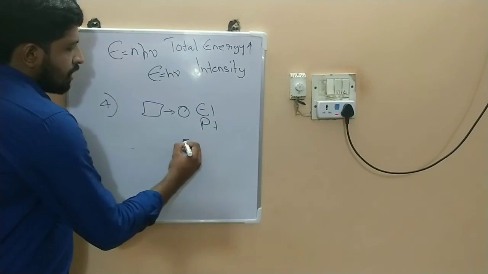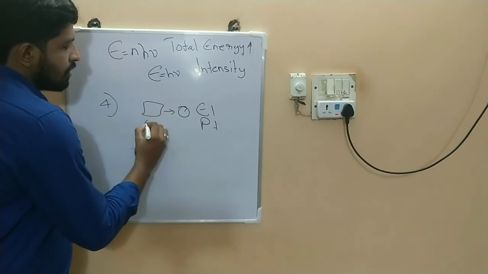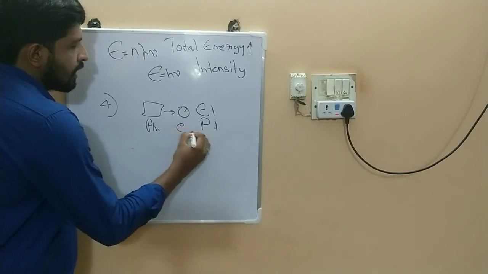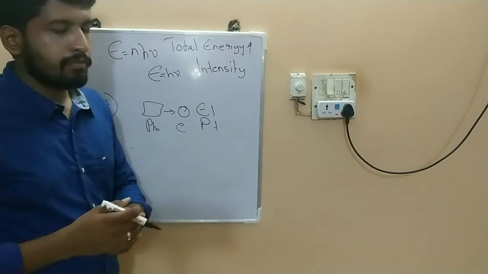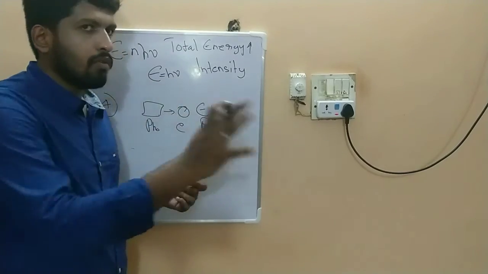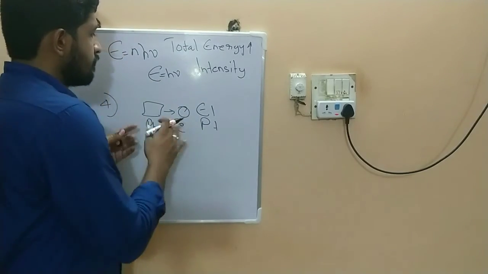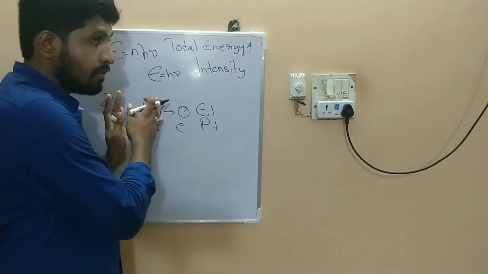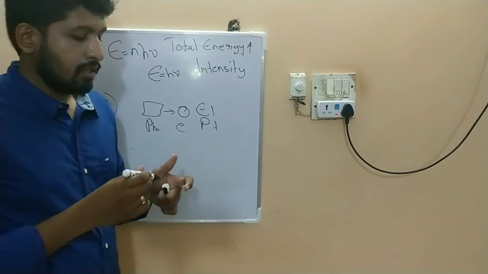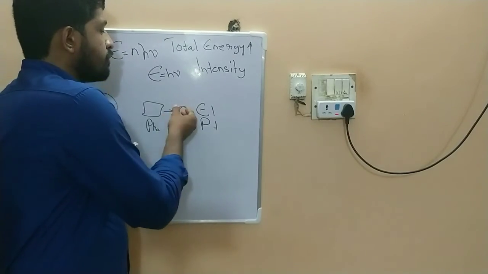Suppose a photon is approaching an electron, and if the collision is proper and the photon transfers the whole energy to the electron, then this photon gets absorbed. Since the photon is an energy packet, the whole photon gets absorbed by the electron.